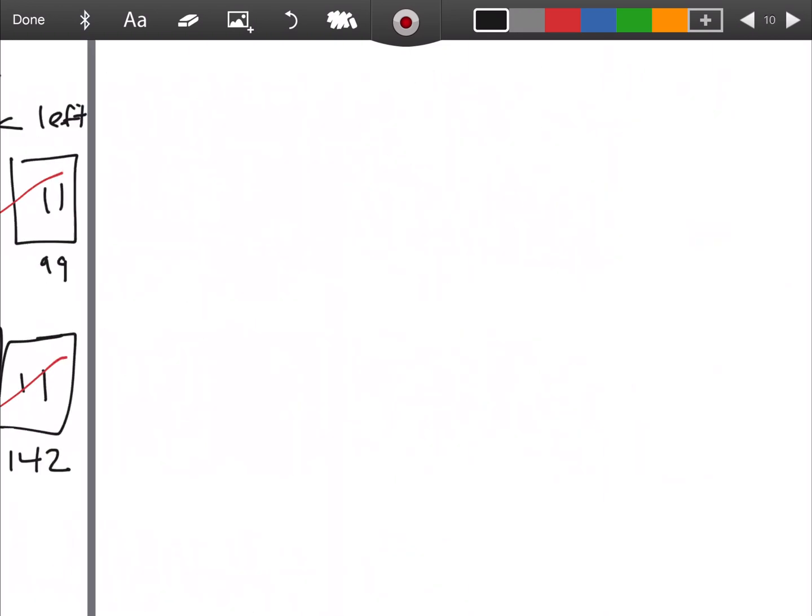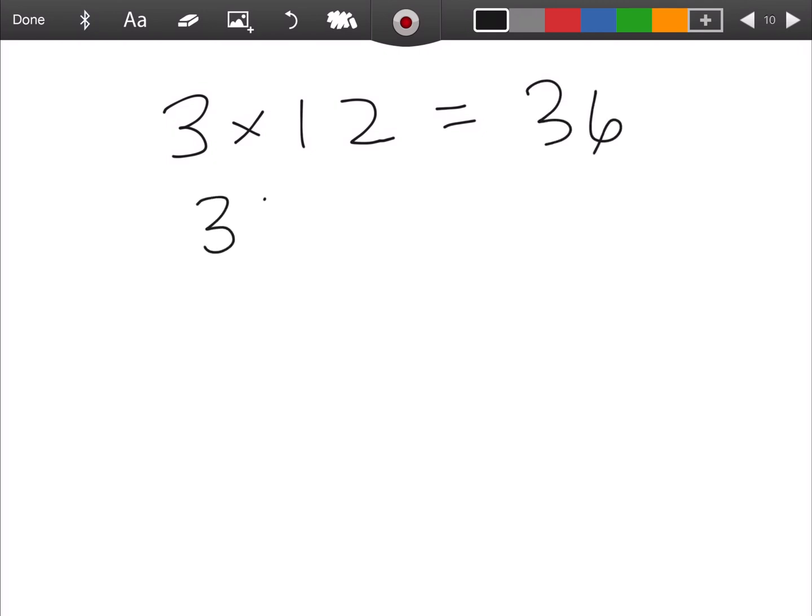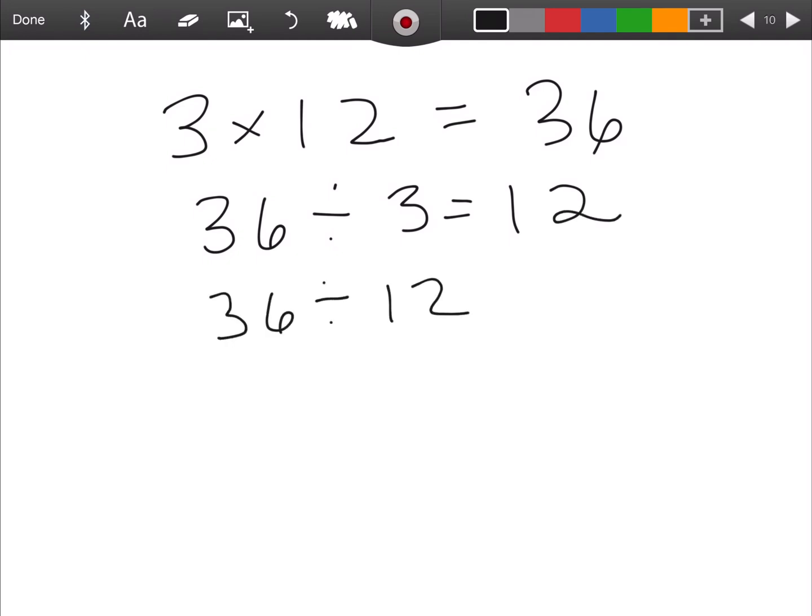Now, you can pick a much simpler problem for your division problems. Pick one that you can solve. So if you know that 3 times 12 equals 36, you could do the opposite: 36 divided by 3 equals 12, or 36 divided by 12 equals 3.